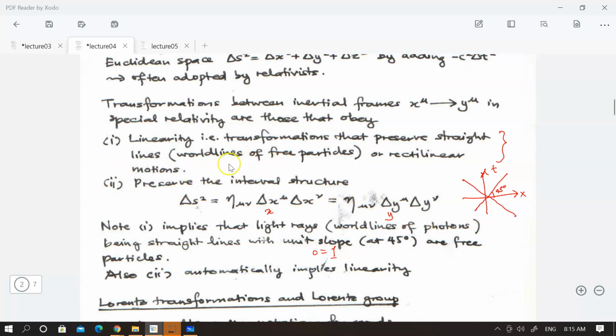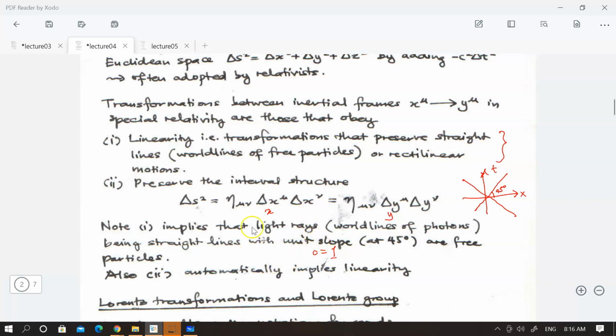And condition 2 is just saying that you consider all possible position vectors in space and time to have their length preserved. So that's the first implication, saying that the length squared, the delta S squared here, is the same in all inertial frames for a particular event, for example.